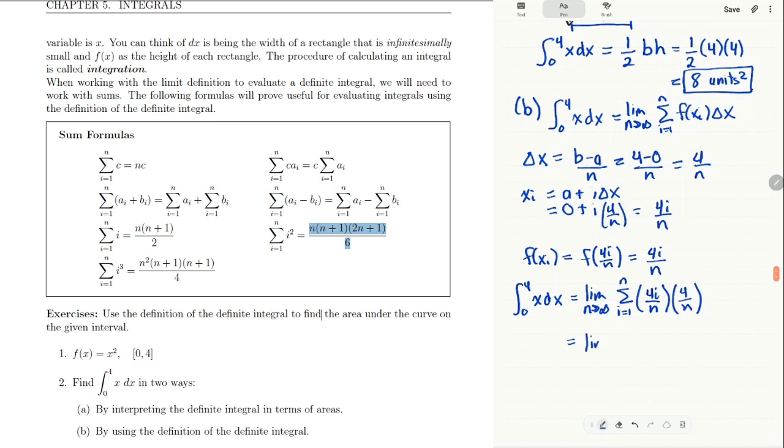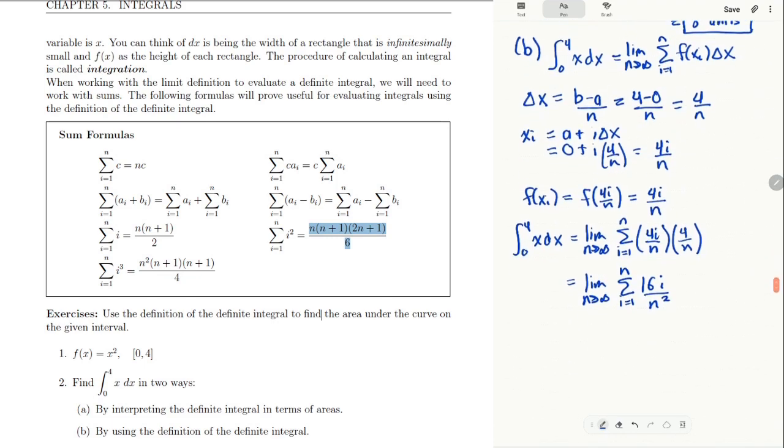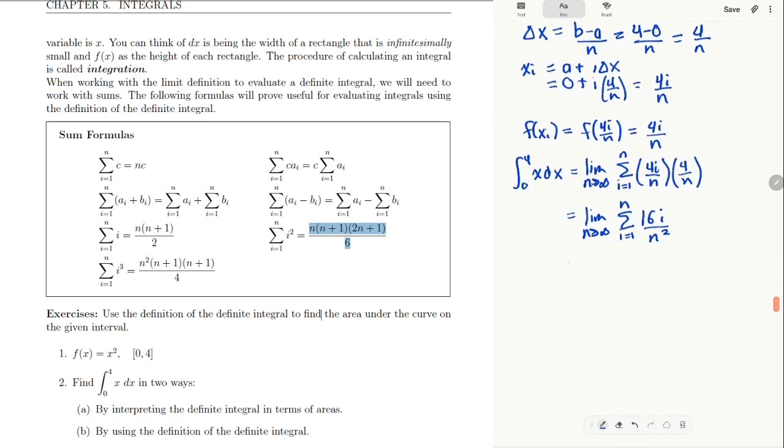So simplifying, we have the limit as n goes to infinity of the sum from 1 to n of 16i divided by n squared. So using the sum formulas, we can take out any constants which do not depend on i, so 16 over n squared, and we're left with the sum from 1 to n of i.